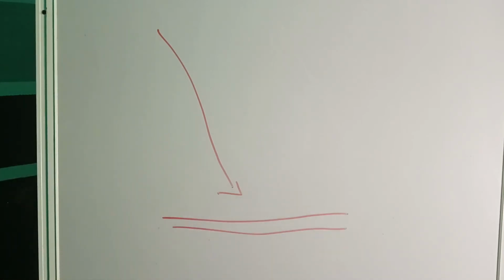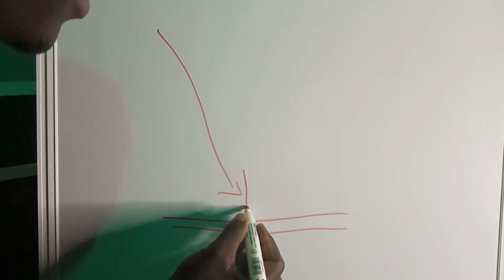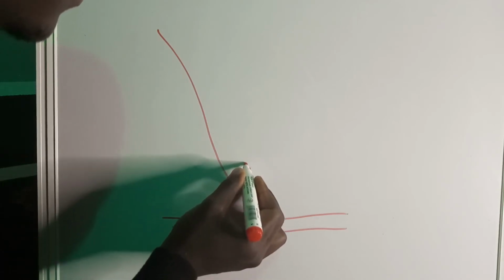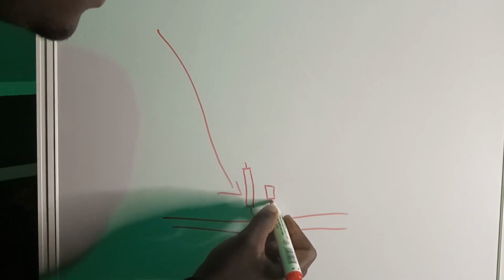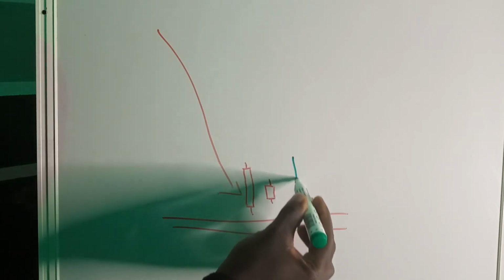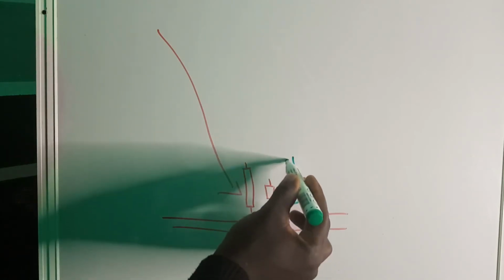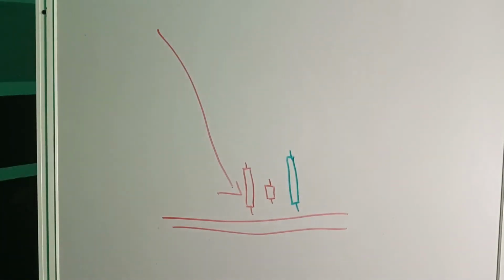Then the candlesticks to form, we have a bearish candlestick, then the next candlestick is a bullish candlestick. This is how the morning star works.